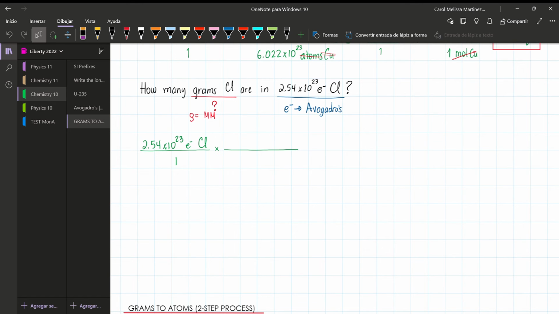Avogadro's or molar mass? Avogadro's. So electrons are going to be in the bottom. The number that is going to be next to the keyword is going to be my Avogadro's number, 6.022 times 10 to the 23 electrons of chlorine, and above only 1 mole of chlorine. With this, I notice that I can get rid of electrons with electrons, chlorine with chlorine.